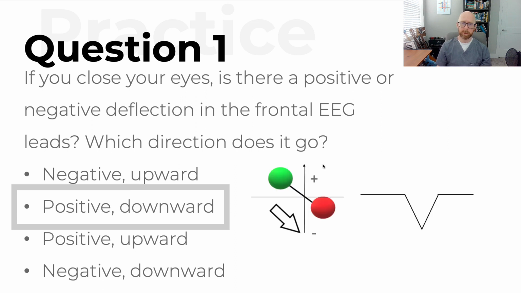If you remember from our Cartesian system, when you close your eyes, that positive cornea is near those frontal electrodes. That makes those electrodes more positive relative to the other adjacent electrodes near them, and that causes the waveform to go downward in a typical AP bipolar montage.